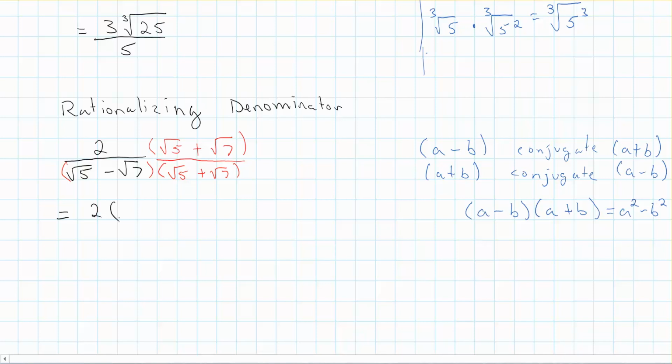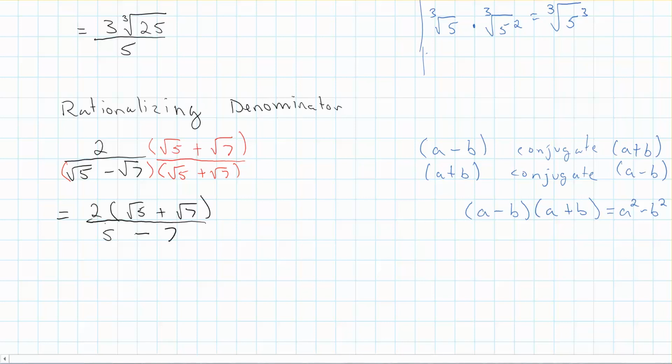This is just 2 times the square root of 5 plus square root of 7. And then the denominator, well, remember it's a squared minus b squared, so square root of 5 squared is 5. Square root of 7 squared, I should say, is 7, so it'd be 5 minus 7.